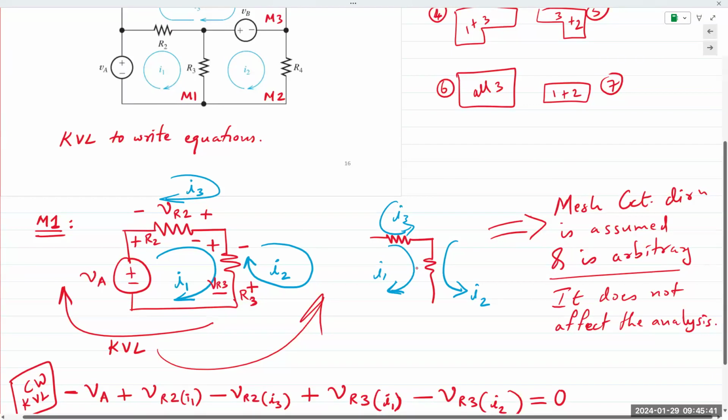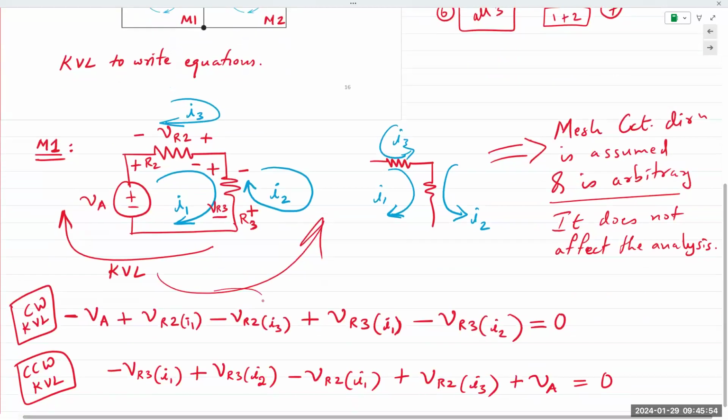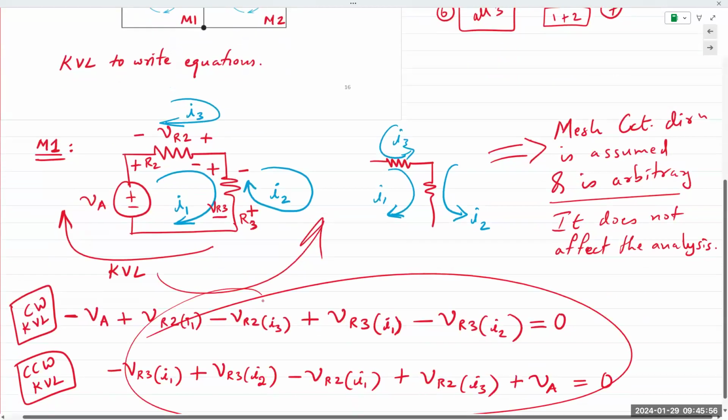And the reason is when you go to mesh 2 and mesh 3, you're going to use the exact same current direction. So the equations that you would have for those meshes would counteract these. They will work in conjunction with these, and you will end up with the right answer.